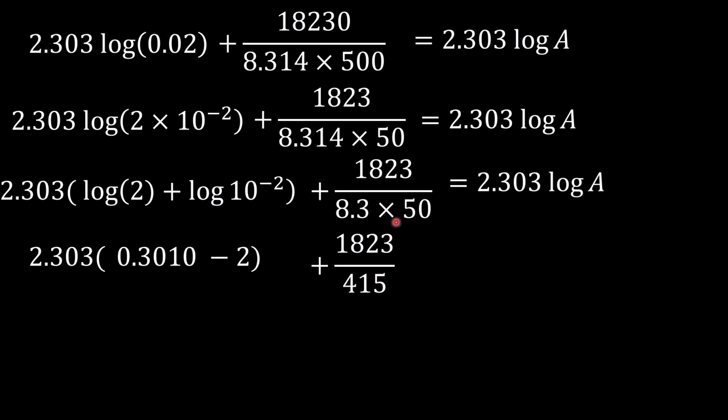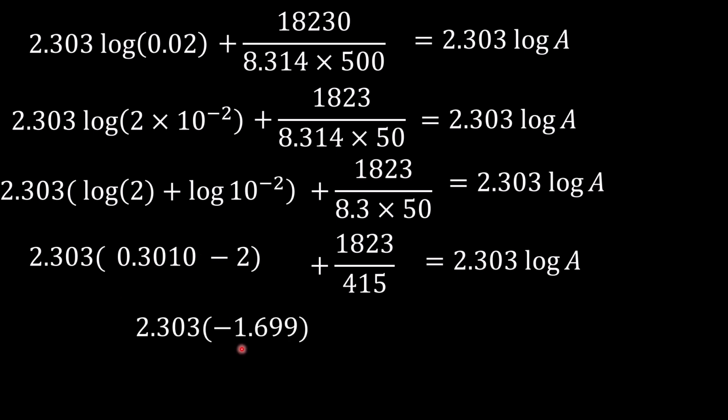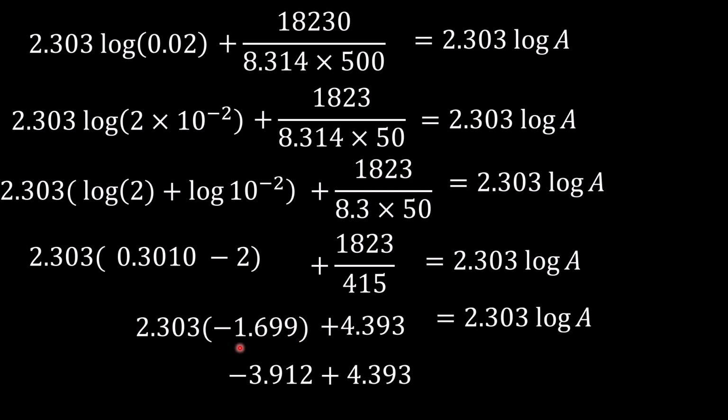Here 8.3 into 50 is 450, and simplifying these two values we get minus 1.699, and dividing these values we get 4.393. Multiplying these two values we obtain minus 3.912 plus 4.393 is equal to this one.